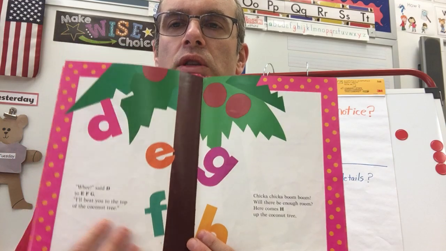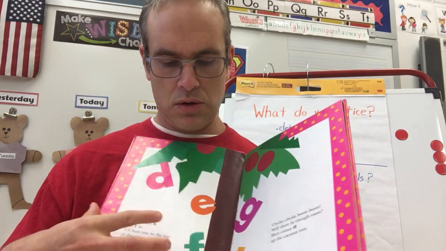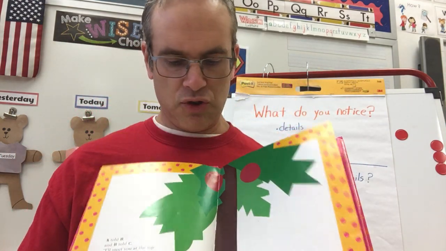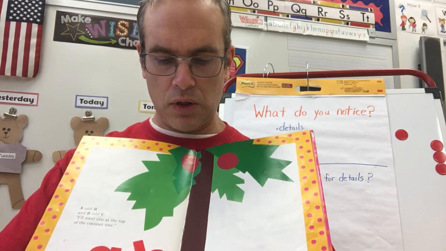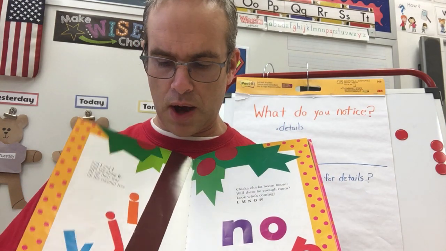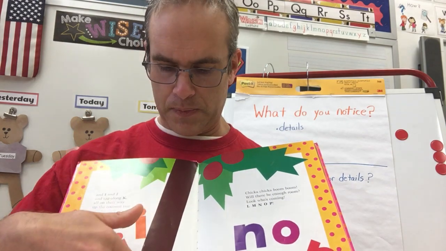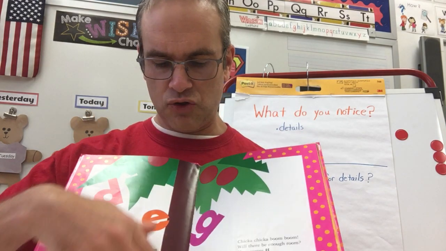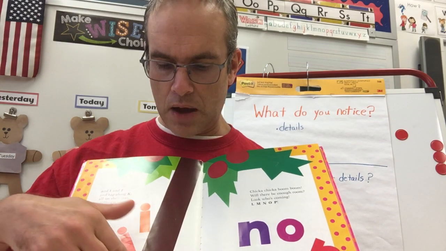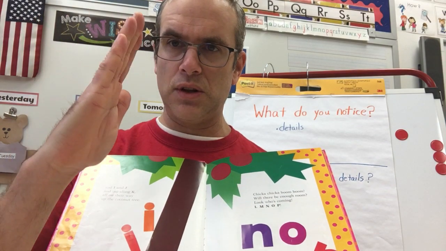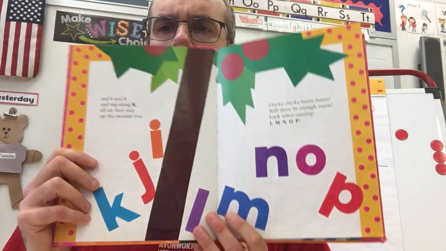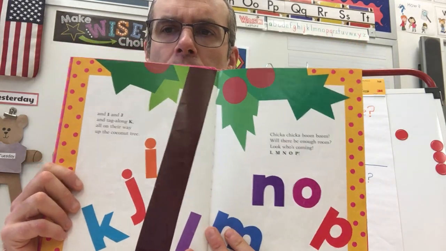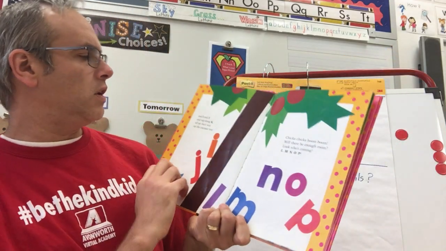If you look at the first couple of pages in the story, the tree is really straight, okay?